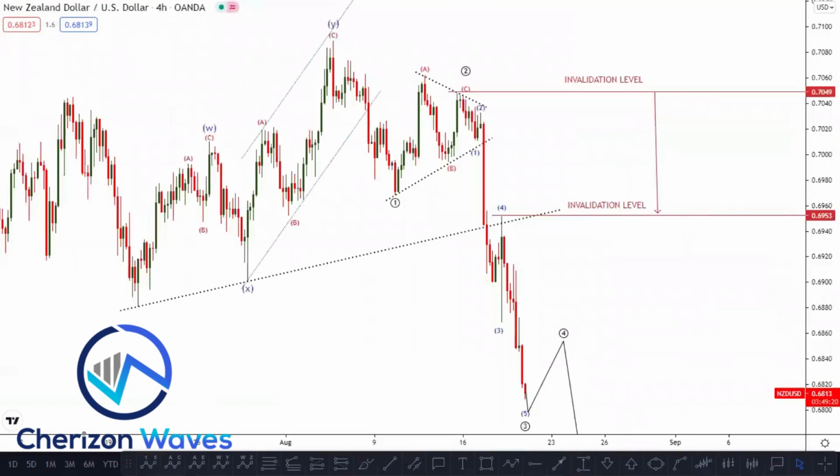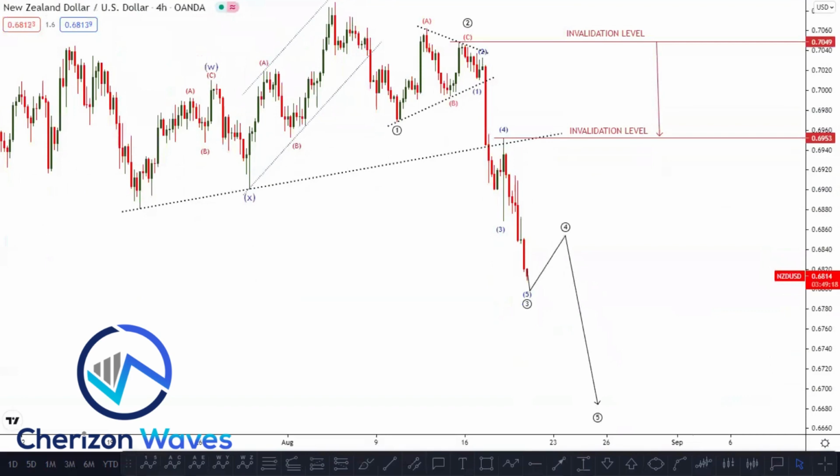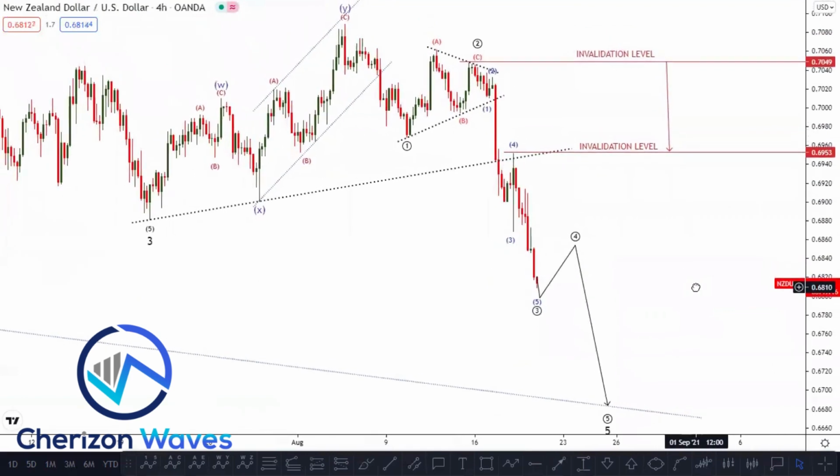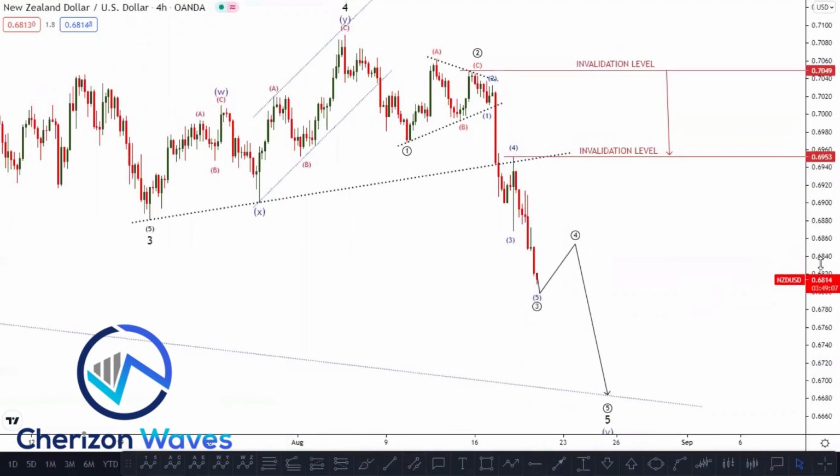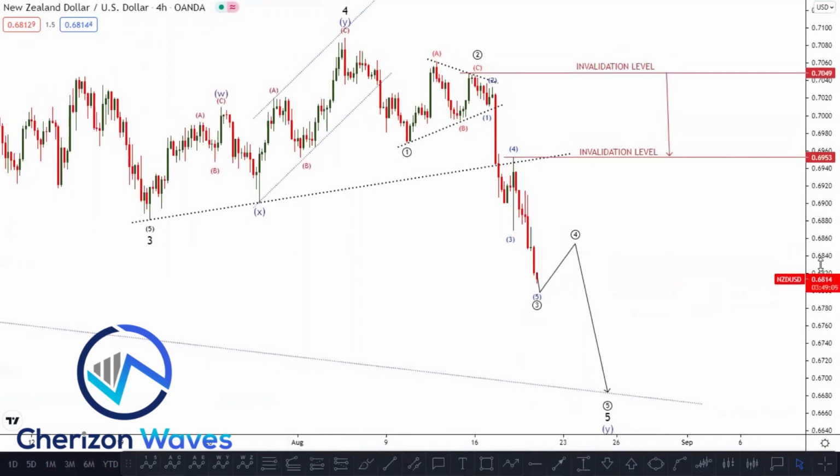The next pair that we're looking at is NZDUSD, the New Zealand dollar against the US dollar. This pair is related to AUDUSD in that they move in the same direction more often, actually almost every time. So if you short AUDUSD, and the structures are right, you should also short NZDUSD.